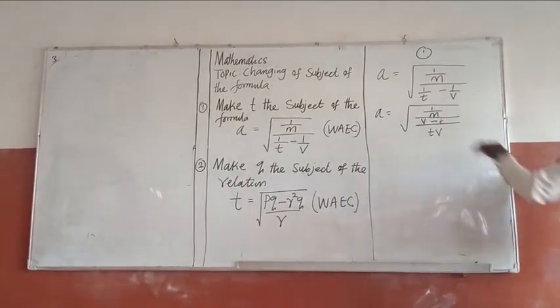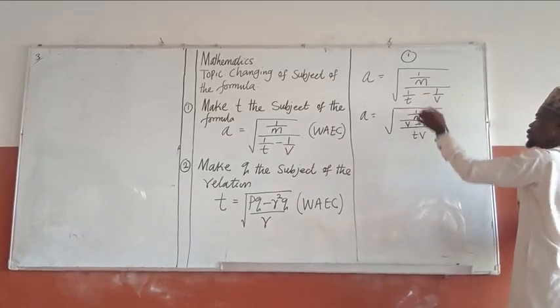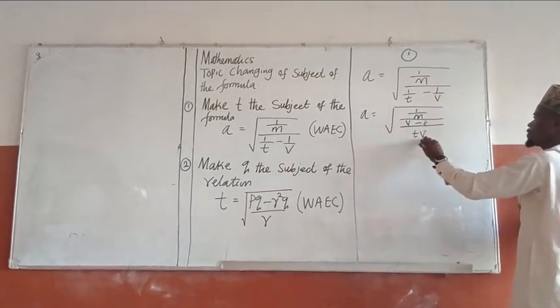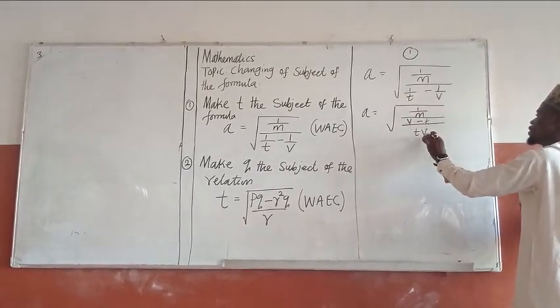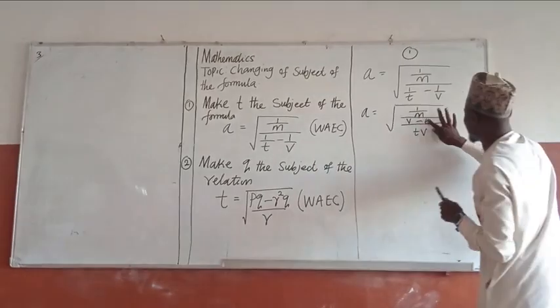What I did is only for this part: we find the LCM of t and v, we have tv. So here is what we have.